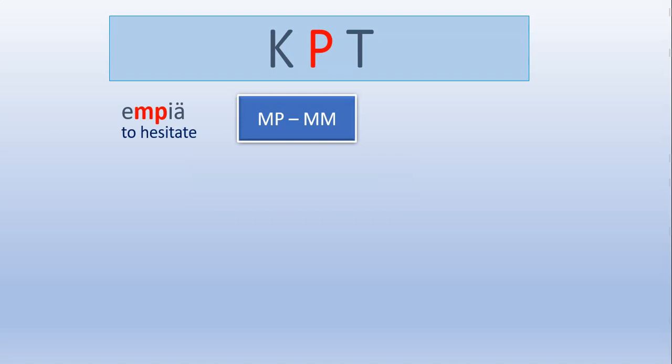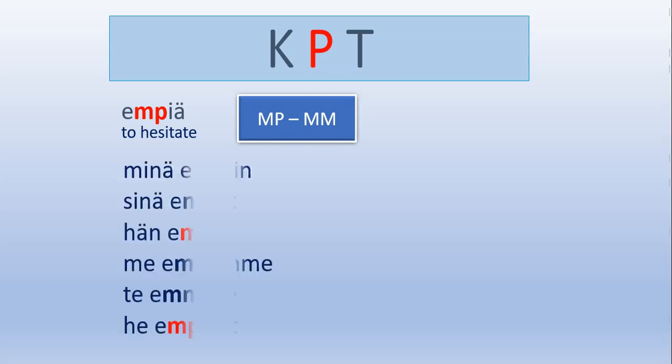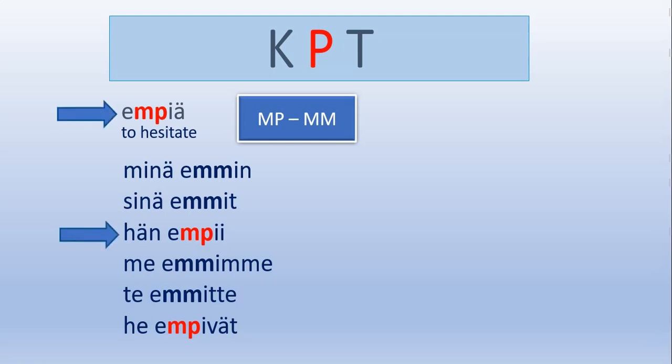With MP, the P changes into M. Minä emmin, sinä emmit, hän empii, me emmimme, te emmitte, he empivät. And again, the same pattern is followed here with the gradation.